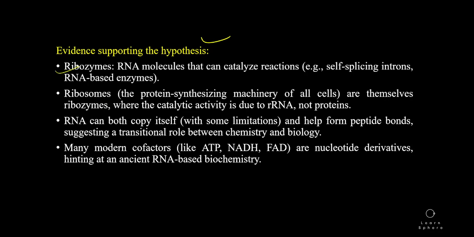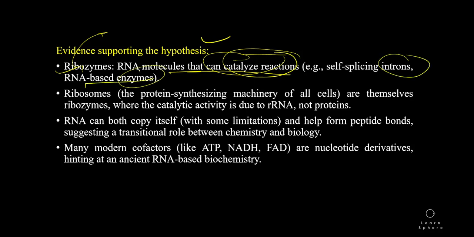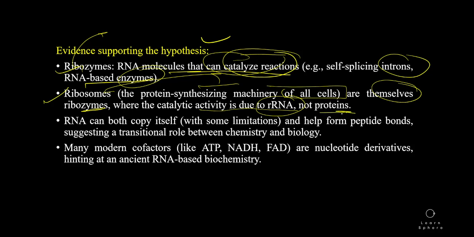First, the ribozymes, RNA molecules that can catalyze reactions, such as self-splicing introns and RNA-based enzymes. Then ribosomes, the protein synthesizing machinery of all cells. Ribosomes, the protein factory, are themselves ribozymes, where the catalytic activity is due to rRNA, not proteins.